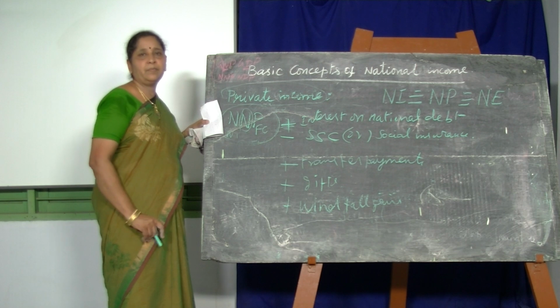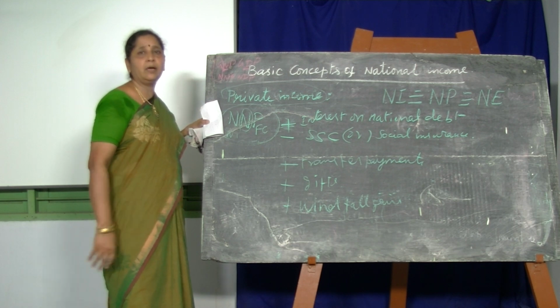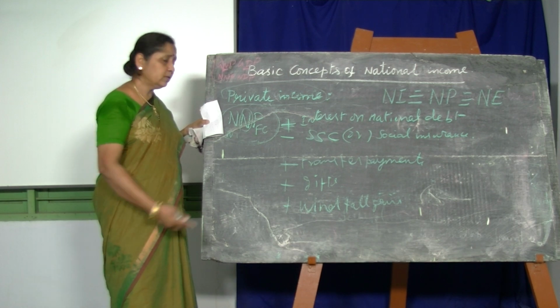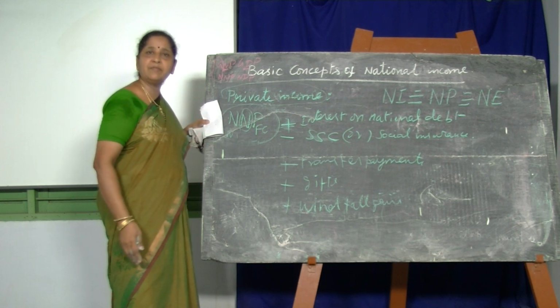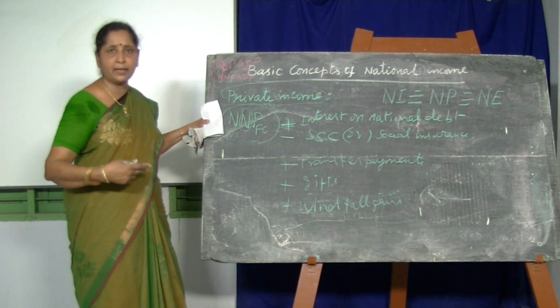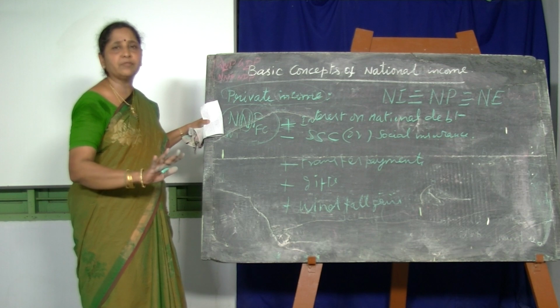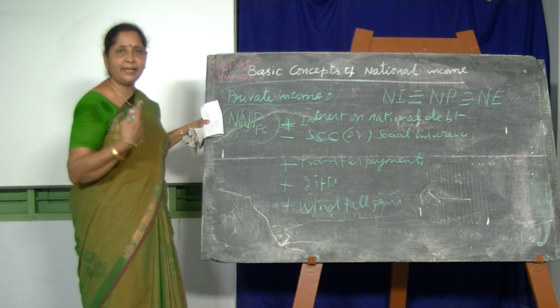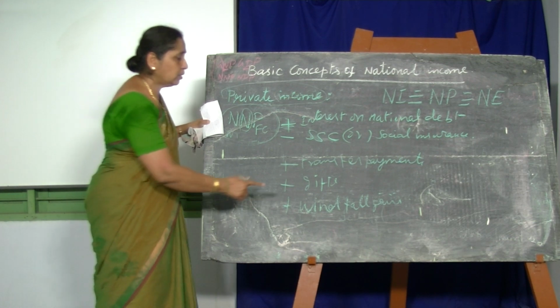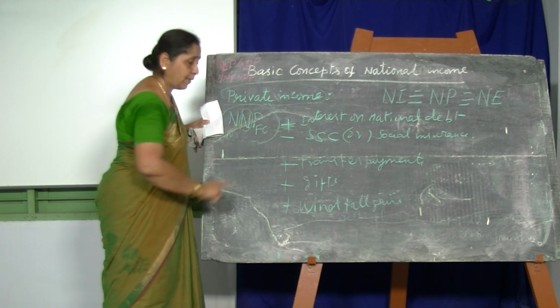Recently, Kavingar Vairamuthu was given a house by the government. So that got added up in his private income. Government will not take it back. Once given, it is a gift and it will not be taken back by the government. So that is included in his private income.